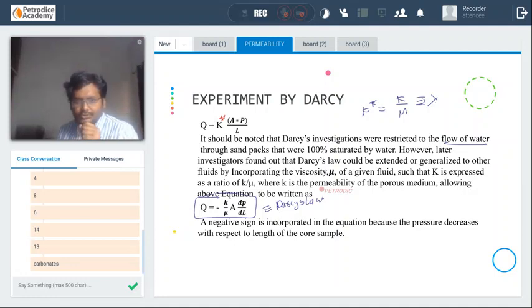So guys, first write down this one. From this point onwards, it is important. A negative sign is incorporated in the equation because the pressure decreases with respect to the length of the core sample.